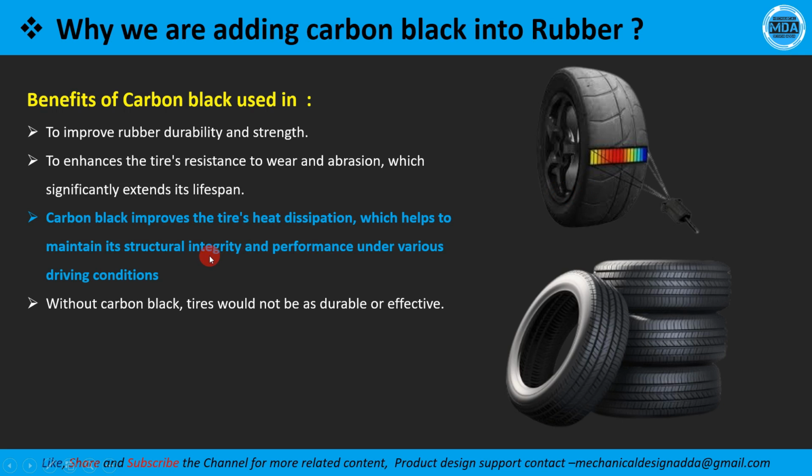It maintains the structural integrity and performance under various driving conditions. Without carbon black we can also produce the tire or the rubber, but without carbon black the tire would not be as durable and not as effective.